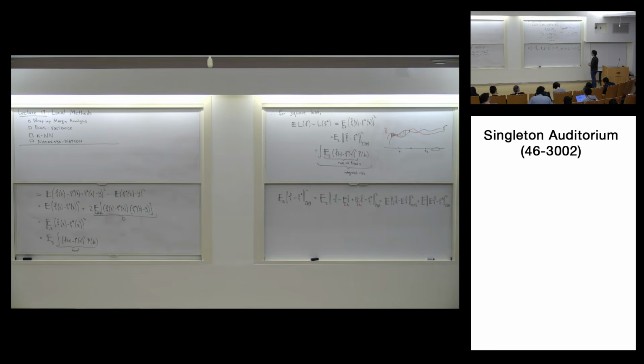So why is the middle term 0? The cross term. Can anyone tell me why the cross term is 0?